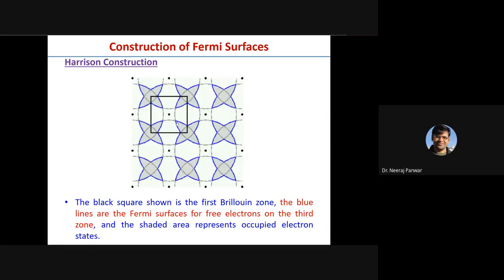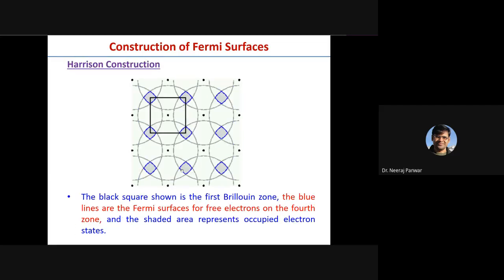Similarly, for the third zone, the blue lines are the Fermi surfaces for free electrons that lie in the third Brillouin zone, and the shaded regions represent the occupied electron states. Then we can have the part of the fourth Brillouin zone in the periodic zone scheme.